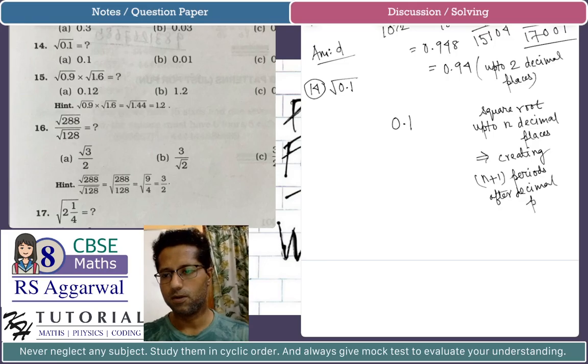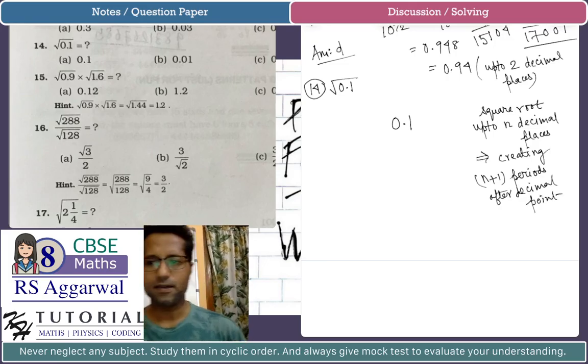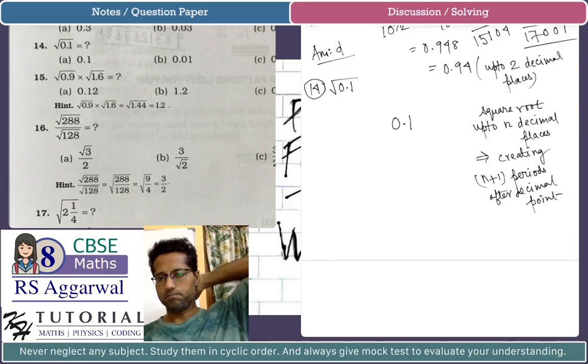In the decimal number, you have the decimal point. After the decimal point, you have to add as many zeros so that you have n plus 1 periods.